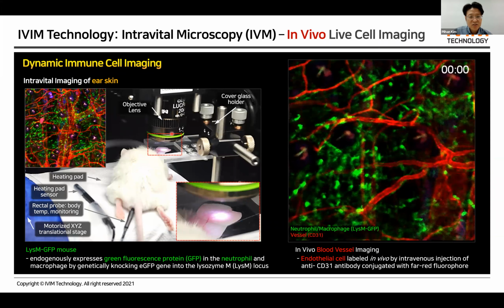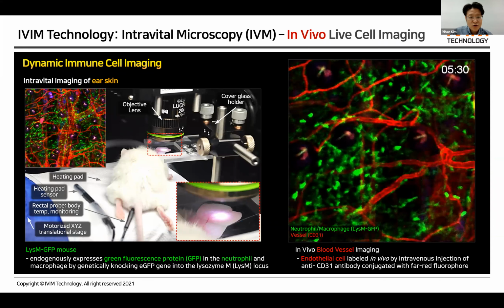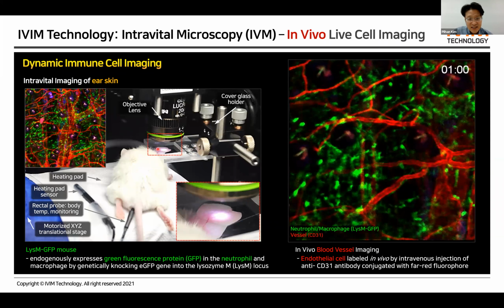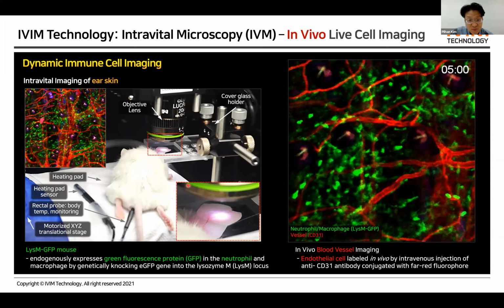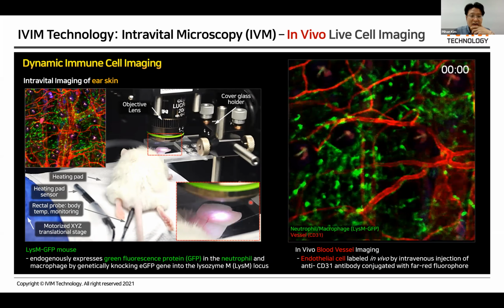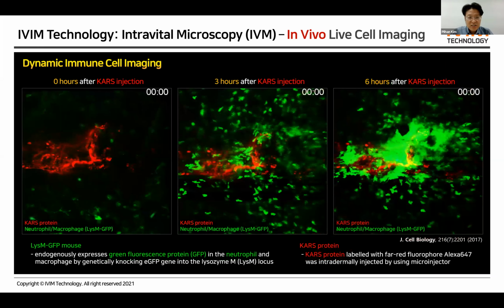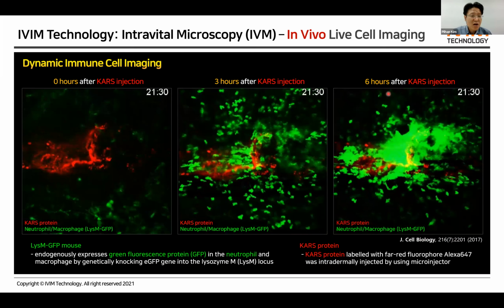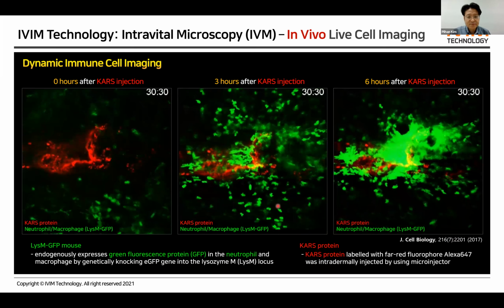Under this objective lens, we use this U-shaped bracket, and we put the ear skin against this transparent cover glass here by using saline water. Using this setting, we can image for more than several hours, more than 6 hours at the same site.